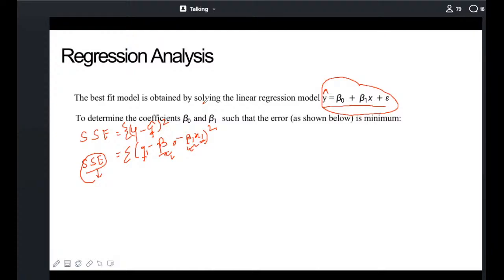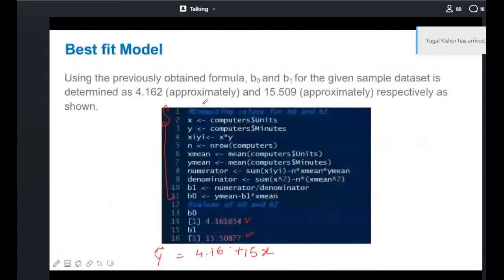X we know because that is the number of units which has to be replaced. Y we know, that is the original output time it took. So we wanted beta naught and beta 1. We used differentiation with respect to beta naught, then with respect to beta 1, and then we equated it to 0.